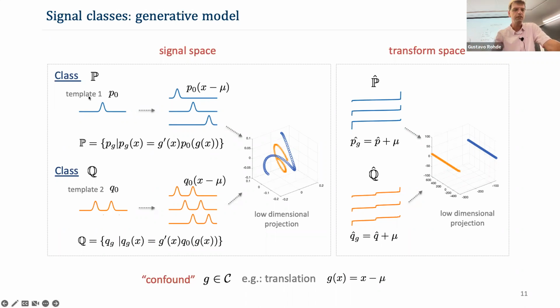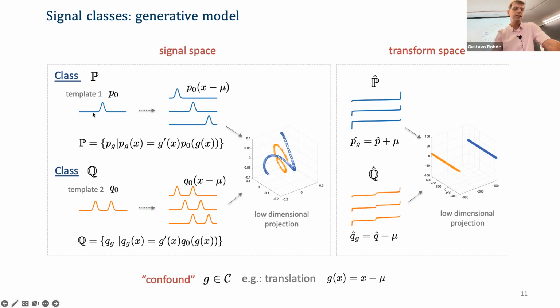Let's say you have class P or set P and class Q. And let me propose a model from which the data that populates the sets was generated. And here's the model. We have a template function. Here we have a function of one bump called P naught.